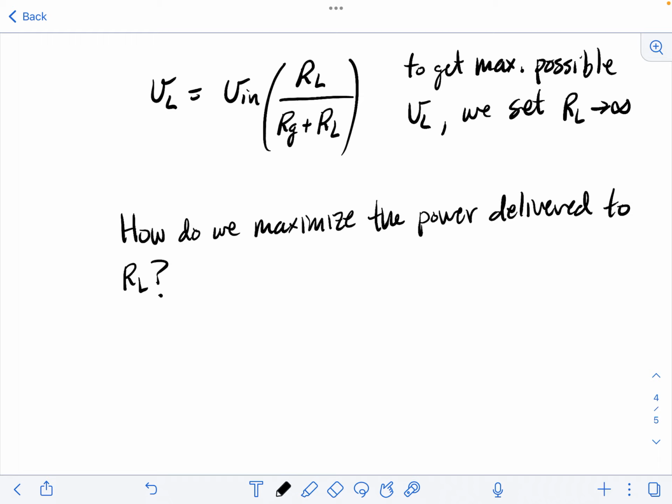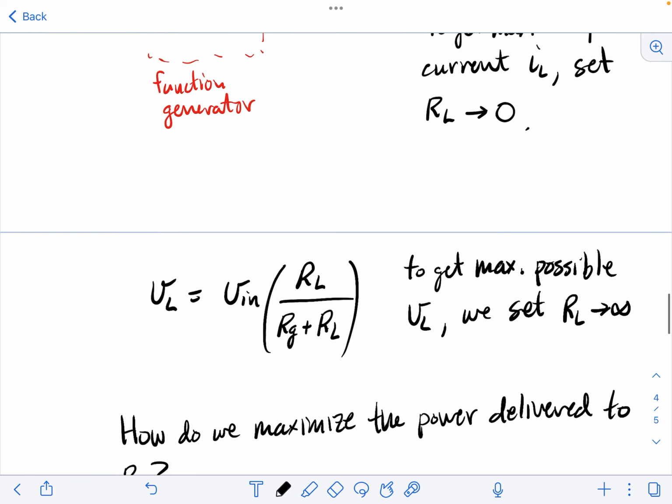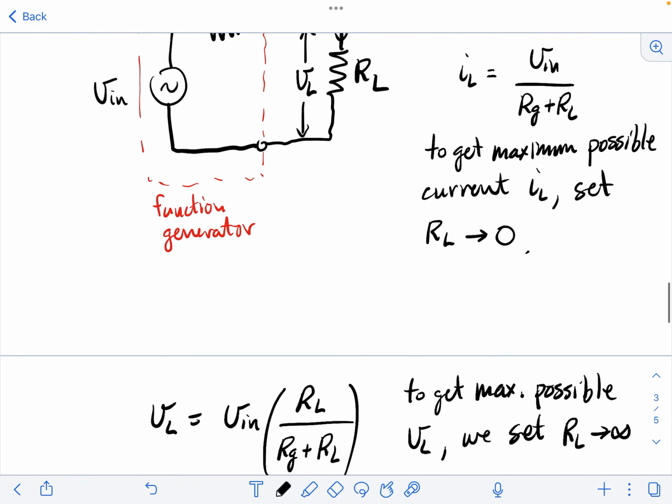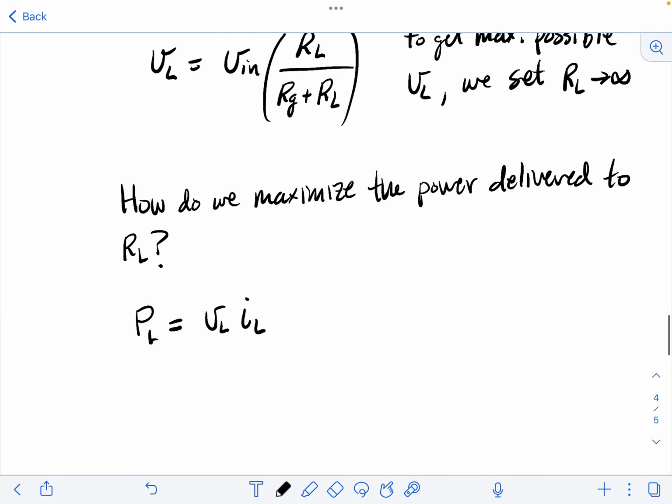Okay, so the power is given by the product of the voltage and the current, VL times IL. We just calculated both of those things. So if I take my VL, which is Vn times RL divided by Rg plus RL, times IL, which is Vn divided by Rg plus RL, then this power is given by Vn squared, and then it's RL divided by Rg plus RL squared.